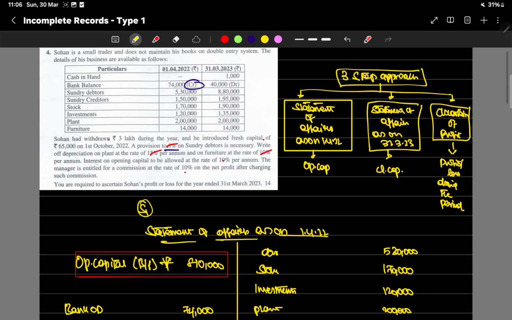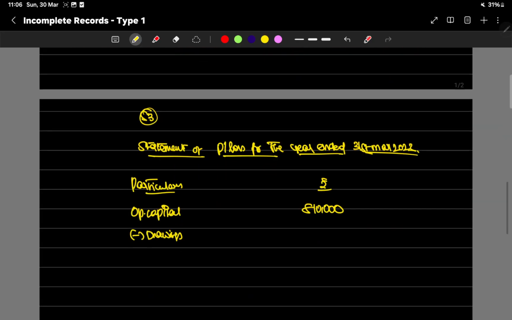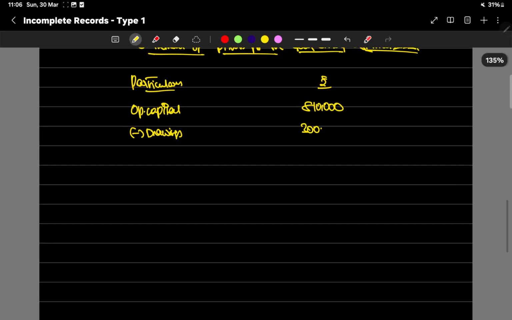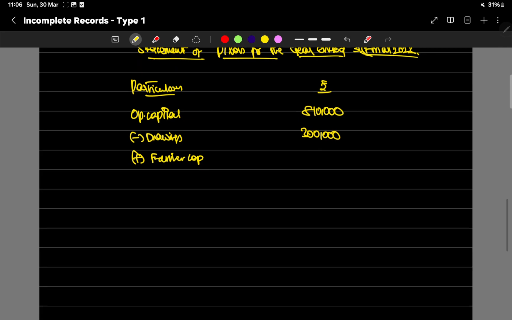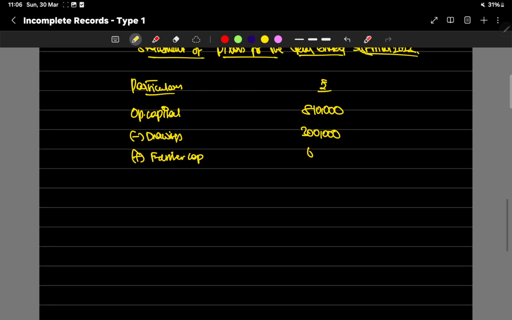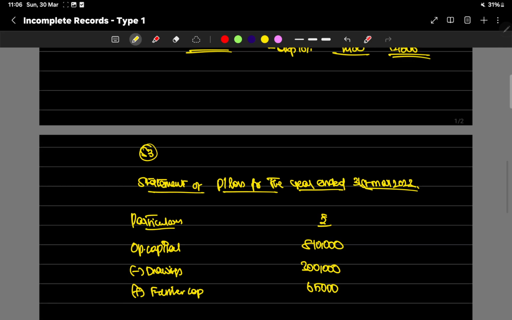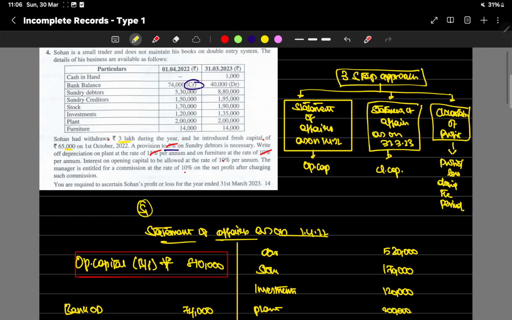How much are the drawings given in the question? Just 3 lakh. How much is the fresh capital? Fresh capital has to be added, right? Further capital, which is 65,000. Okay, right, 65,000.